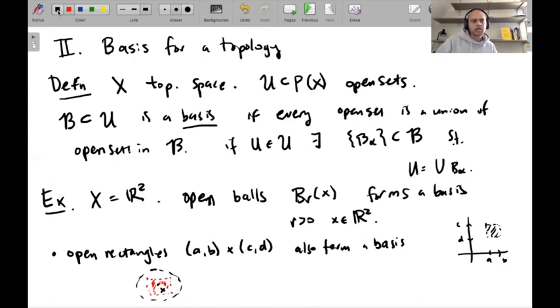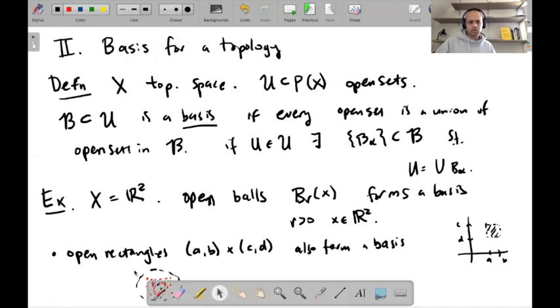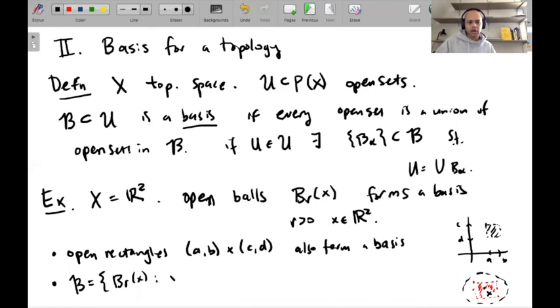Let me tell you one more basis. Another basis is the set of balls around x, where now we insist that x has rational coordinates and r is rational, still greater than 0.